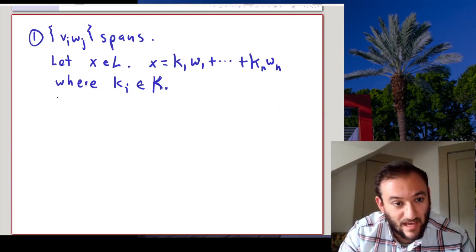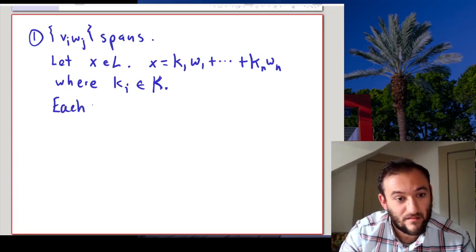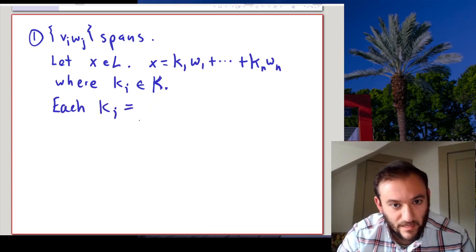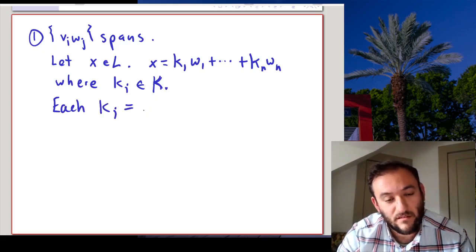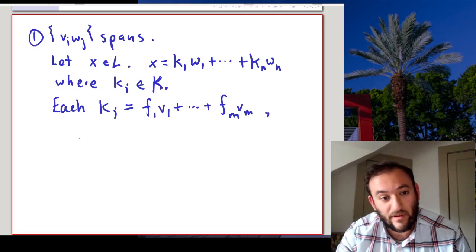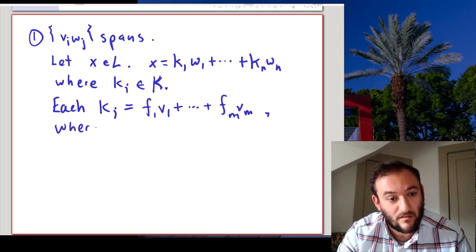So each ki is equal to, let's give it, f1 V1 plus up to fm Vm, where fi is in F. Okay, great.